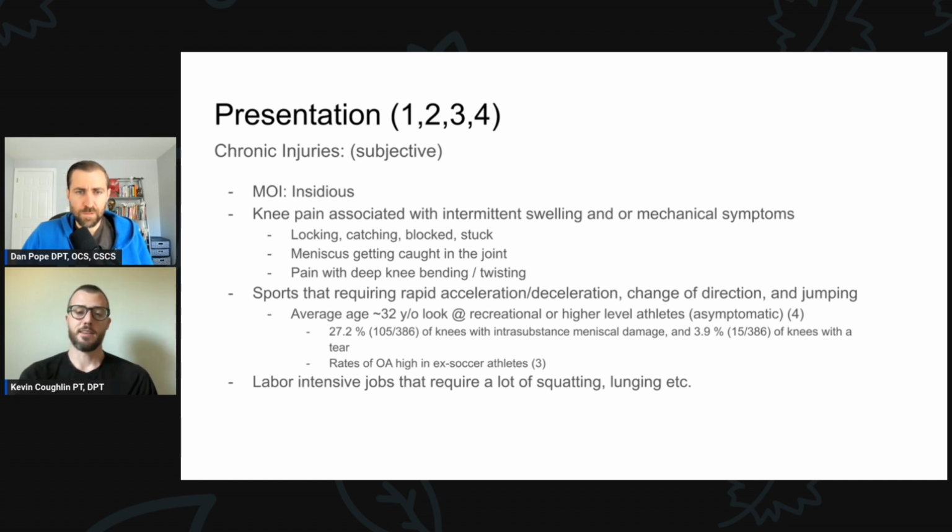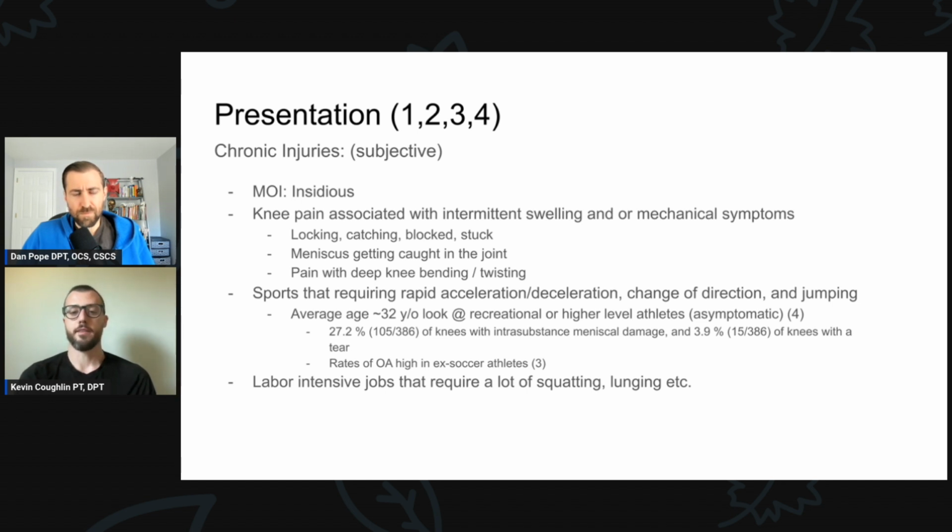There was a study that looked at recreational or higher level athletes with an average age of 32 who were asymptomatic. And 27.2% of these athletes had meniscal damage. So again, these were asymptomatic athletes. And 3.9% had a meniscus tear. We also see higher rates of osteoarthritis, as we talked about. If you play sports throughout your whole life, it does increase stress in the knee joint, and you may be at higher risk of a chronic meniscus tear.